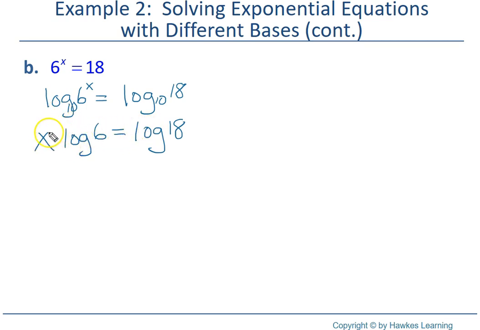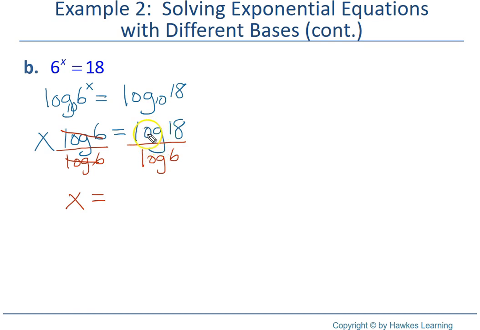So how would I possibly solve for x here? Well, I'll change color so you can see it a little better here. I'm going to divide both sides by the log of 6. Now, these cancel out on this side, the marvel of algebra, and then x will equal whatever this is.